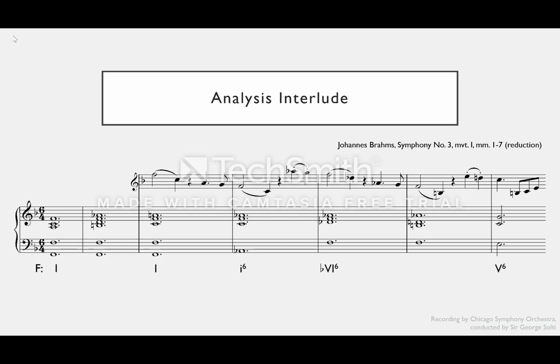Okay, here are some of the labels, but I want you to notice these two measures in particular. Both have the exact same notes, a B fully diminished seventh chord with an F in the bass. But did you give them the same label? In fact, the first one, as we just saw, moves to tonic, holding F as a common tone. This is, of course, our common tone diminished seventh chord.